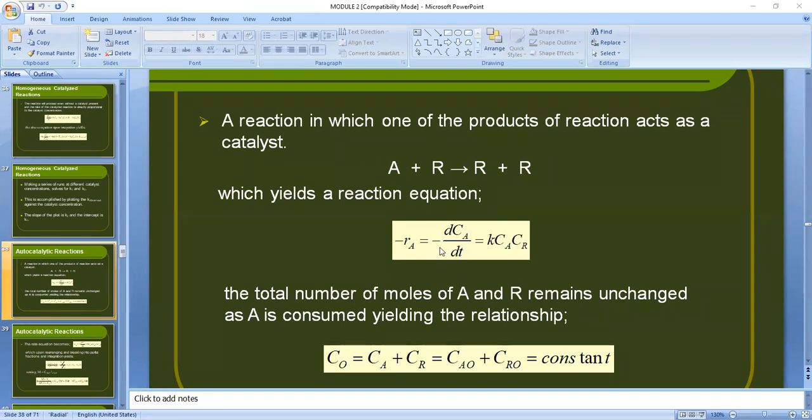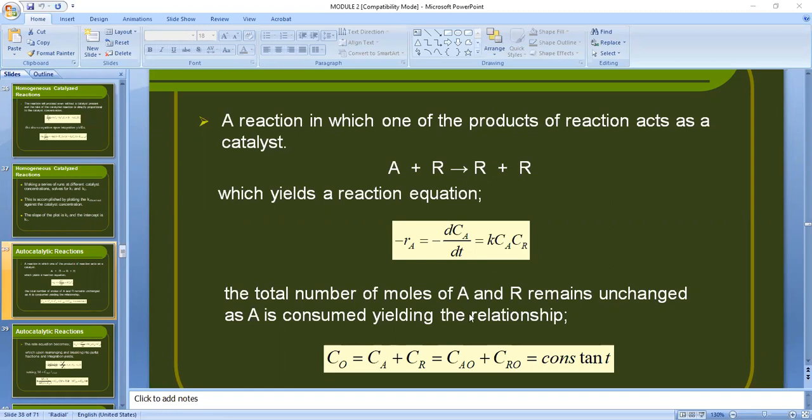And if you're going to write the rate equation, it would be like this. Now you take into account the concentration of the R, which is the product, which has a catalytic effect on the reaction. So the number of moles of A and R in this particular type of reaction remains unchanged as A is consumed.